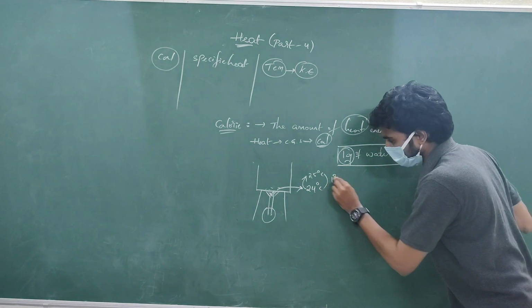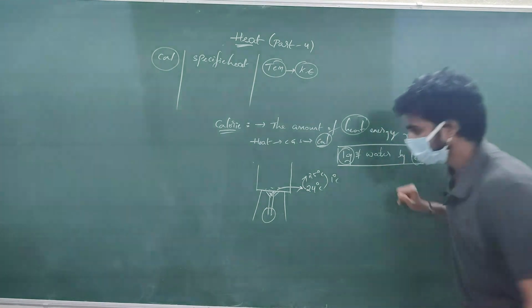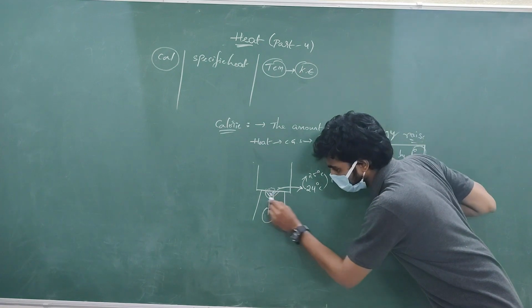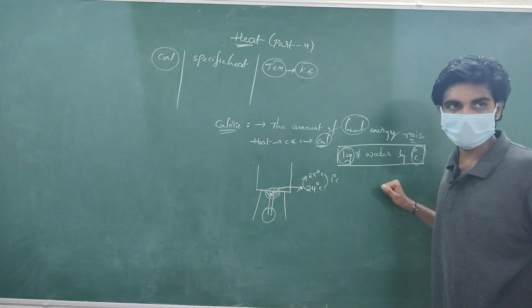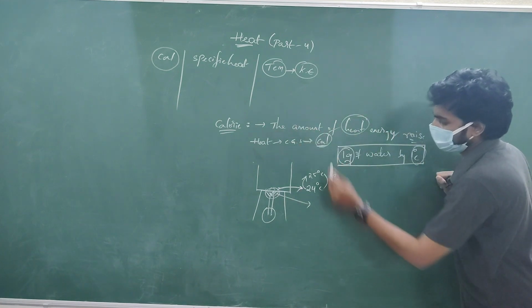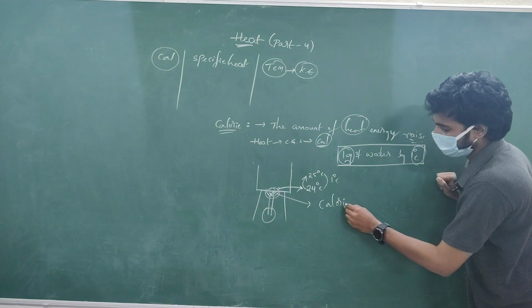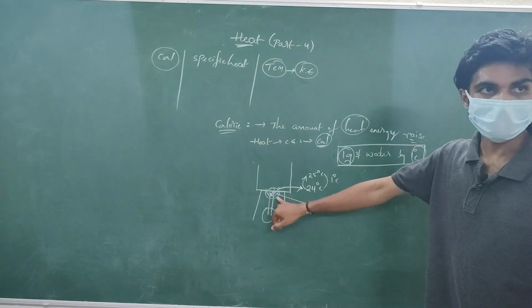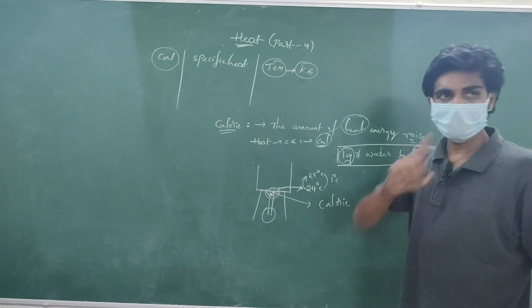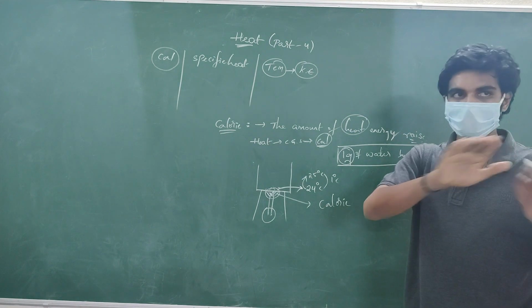Yes or no? To gain the temperature by 1 degree, it absorbs some heat energy, right? That heat energy we call a calorie. What? The heat energy that is required to raise the temperature of 1 gram of water by 1 degree centigrade. Is it clear?